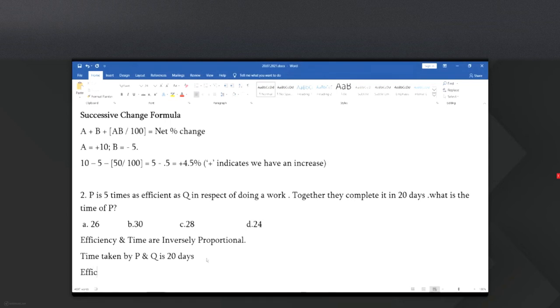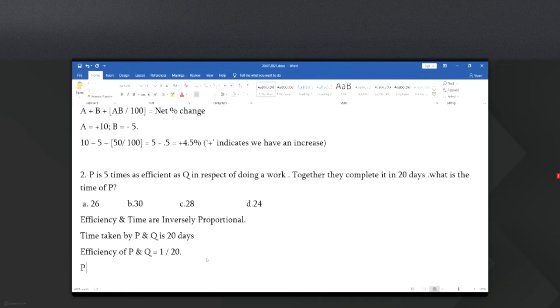Efficiency of P and Q is equal to 1 by 20. Now, you have to understand something. When I say efficiency of P and Q, I just write P plus Q is equal to 1 by 20. Why is this?